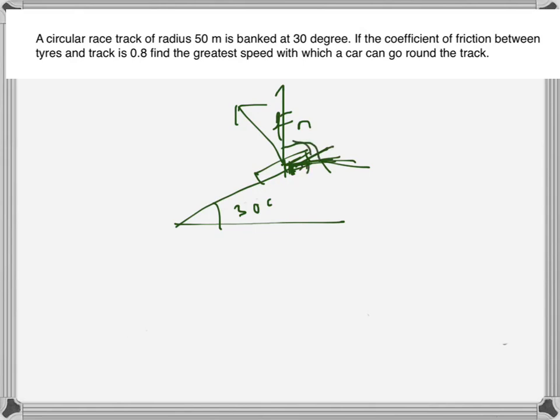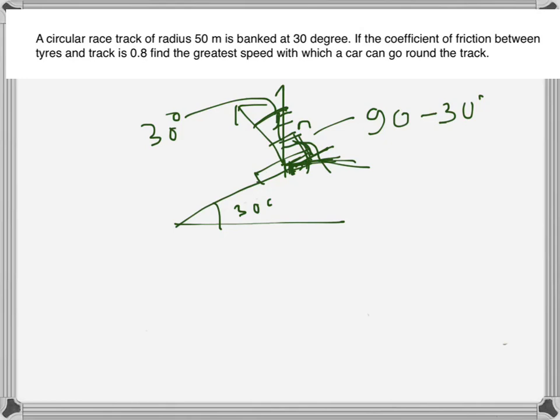So this much is 90 minus 30 degrees, and this much is 90 degrees, so this angle is 30 degrees again.